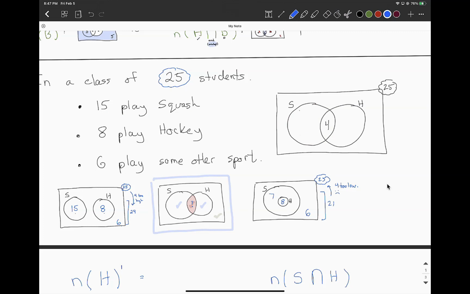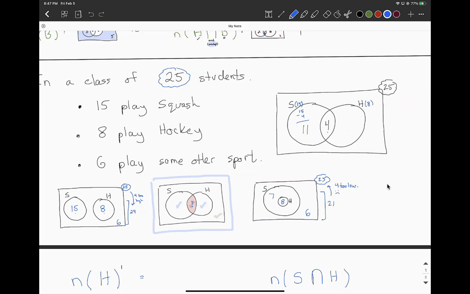Now, 15 minus the 4 people who we have already tracked down and put down on paper leaves me the 11 people who only play squash. And that is definitely 15 people who are playing squash now. And given that there's 8 people who play hockey, I'm not going to put an 8 there, because now I'm way over 8.